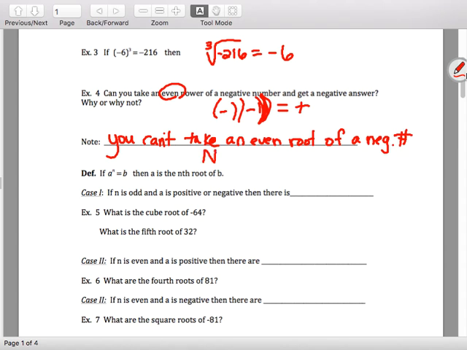Sometimes we abbreviate it when we see it, NRR, no real root. So if you ever see NRR, it stands for no real root.